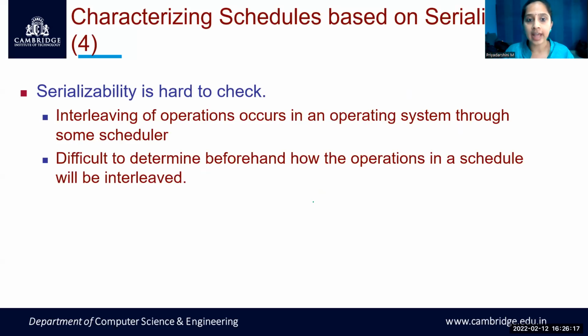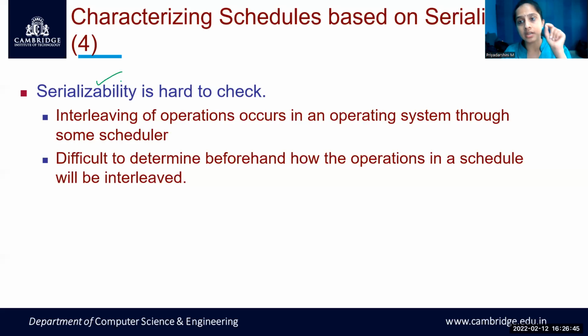Now our main goal is what we need to do: we need to ensure serializability. That is the main goal here. How do we ensure that every schedule, meaning every interleaving of many transactions, has serializability?